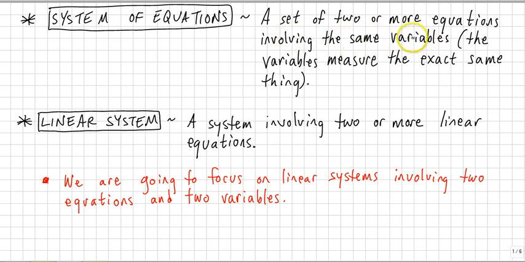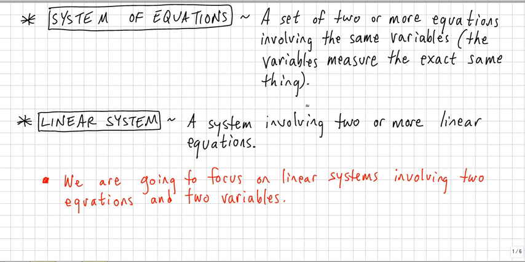Each equation might use x and y, but that x and that y have to measure the exact same thing. However many equations are in the system, if they all have an x in them, then that x is measuring the same exact thing. If they all have a y in them, that y is measuring the exact same thing.